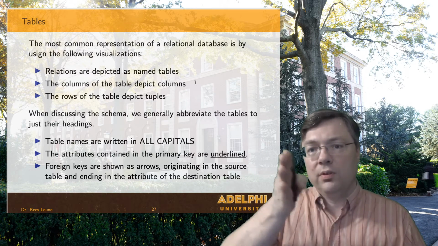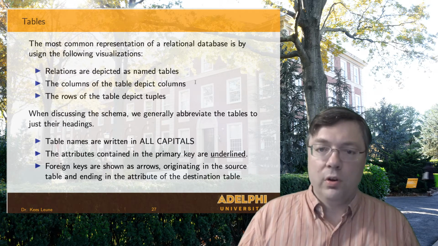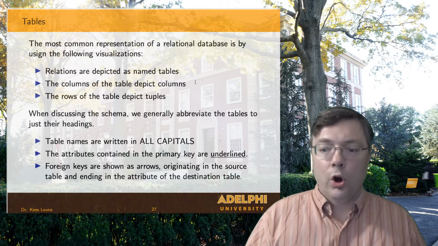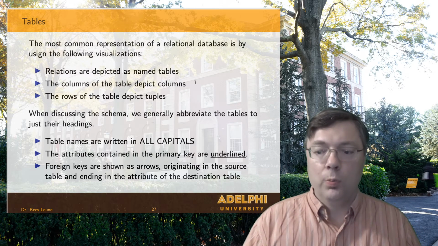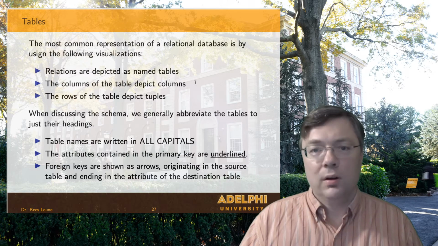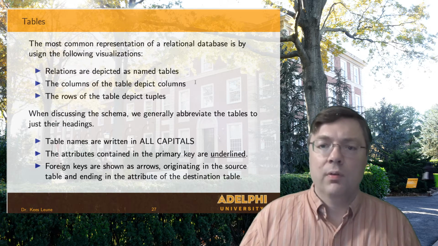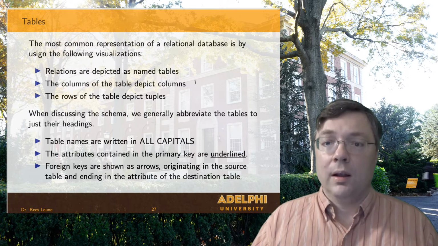The columns represent the attributes, the rows represent the tuples. And so we'll often use a table and a relation interchangeably, or a column and an attribute interchangeably, or a row and a tuple interchangeably. Those are the same things, but the tables with their columns and their rows are just a visualization of the concept of a relation, an attribute, and a tuple.